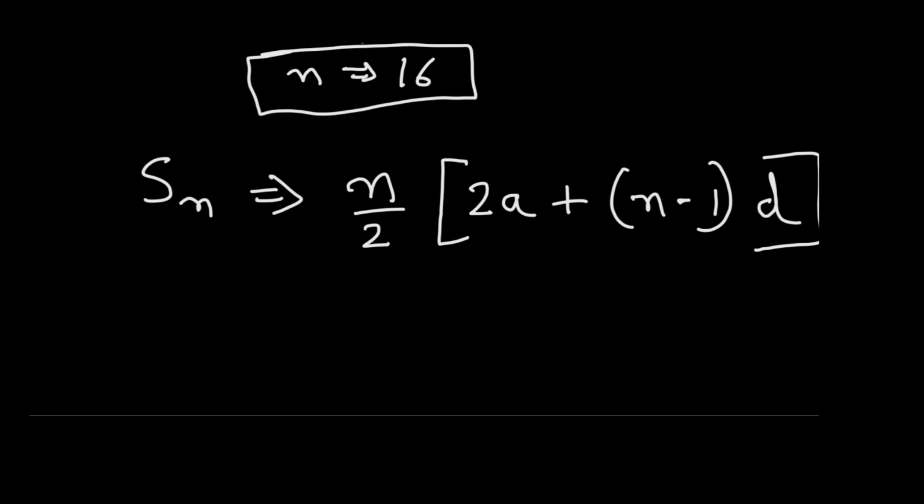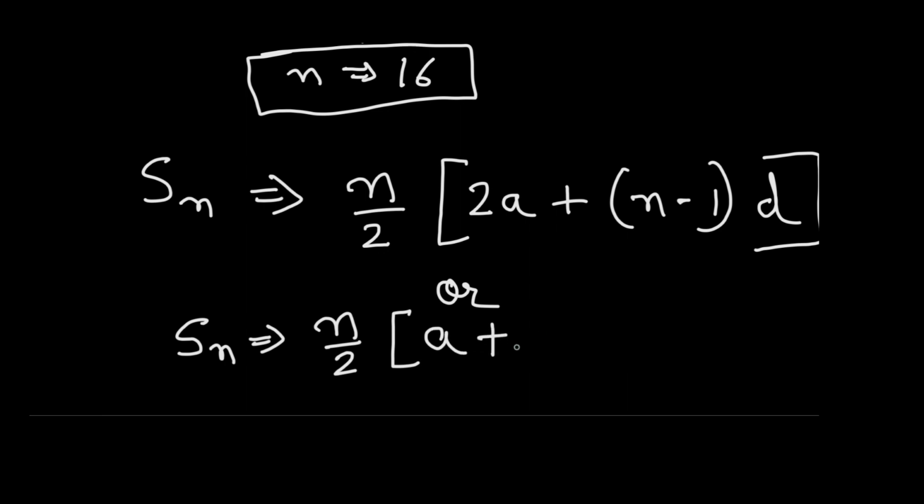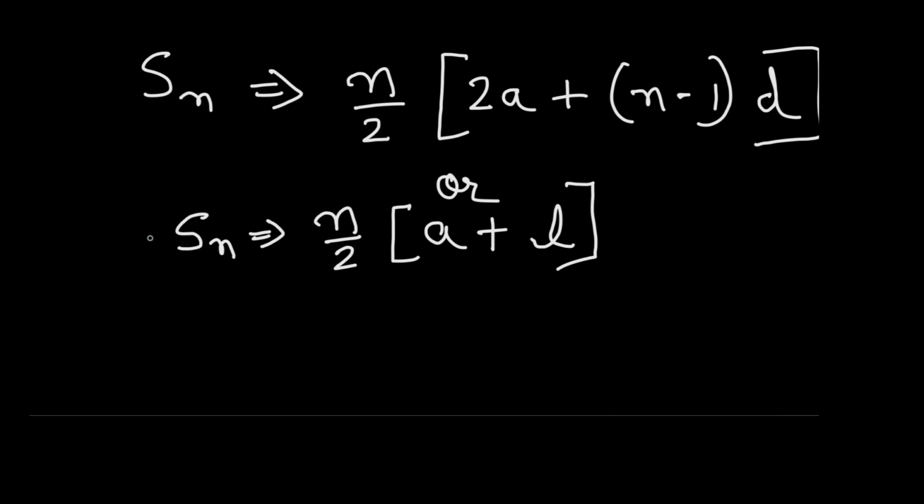Well, if we have the first and the last term, we can also use the other formula, which is Sn is equal to n by 2 times (a plus l). This one is really easy to calculate as compared to the previous one.